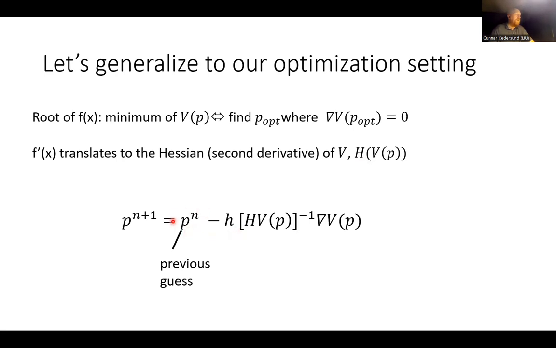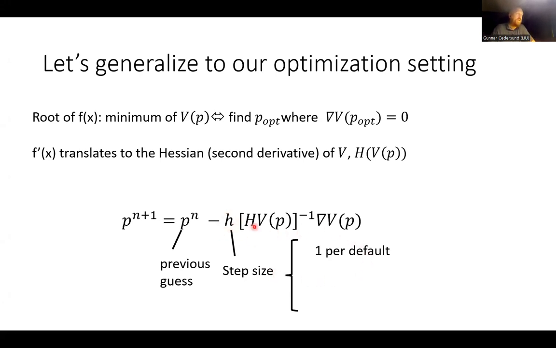And so the previous guess is the same, and this h here is the step size. And the step size is there to keep more track of these types of problems. If you take too long steps, if you're too far away from the root, from the optimum, then the derivative might simply be pointing way off. So therefore, typically you want to take shorter steps.